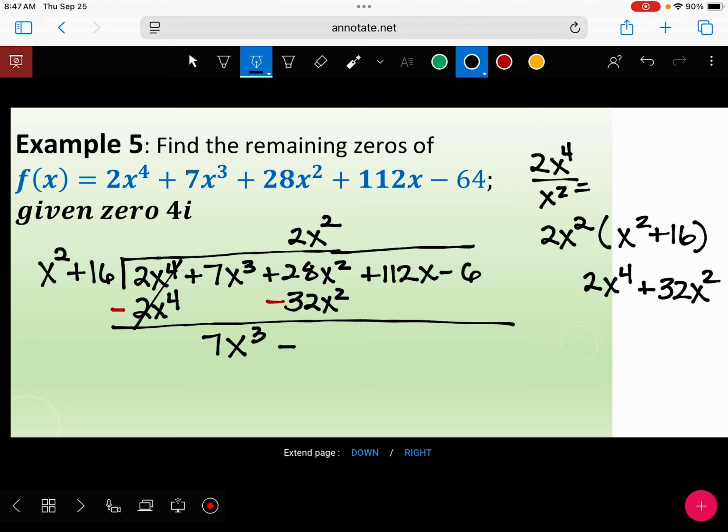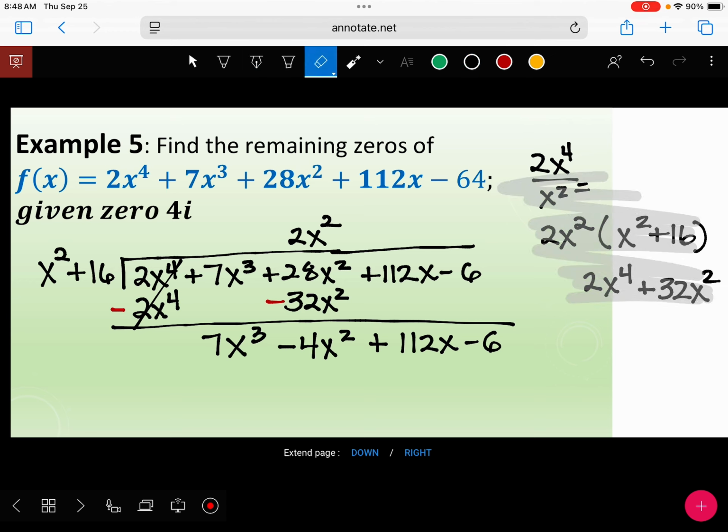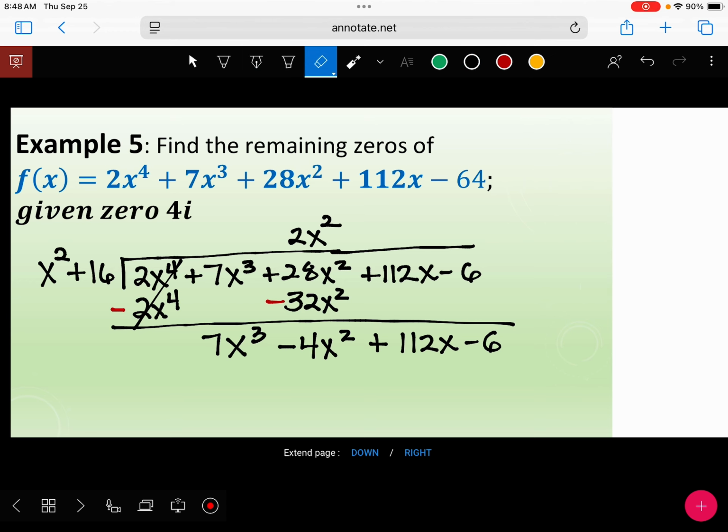That's going to be a minus 4x squared plus 112x minus 6. Okay, let's go back to the top. What's my new first term? Take 7x cubed and divide that by x squared. 7x is on the roof.